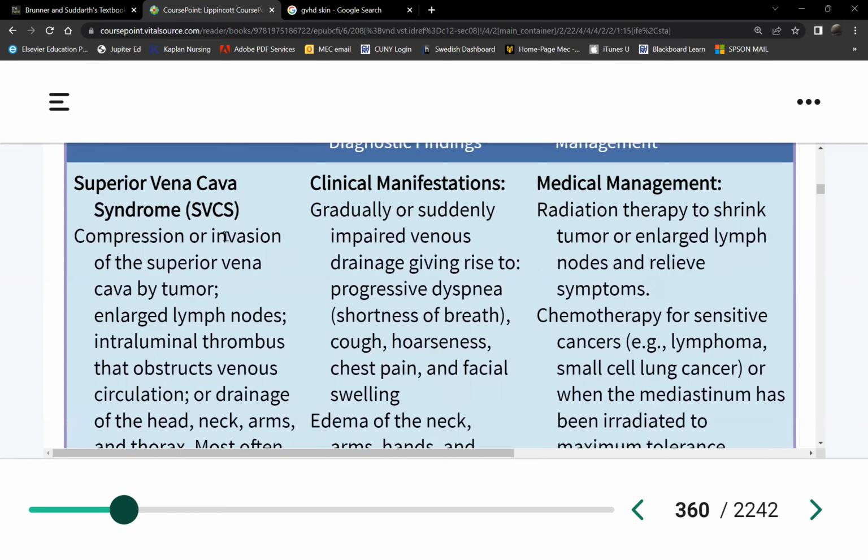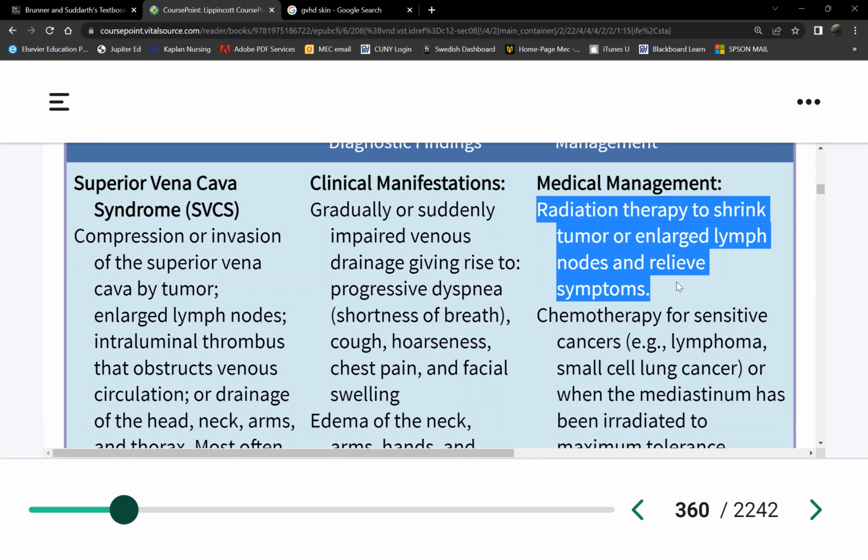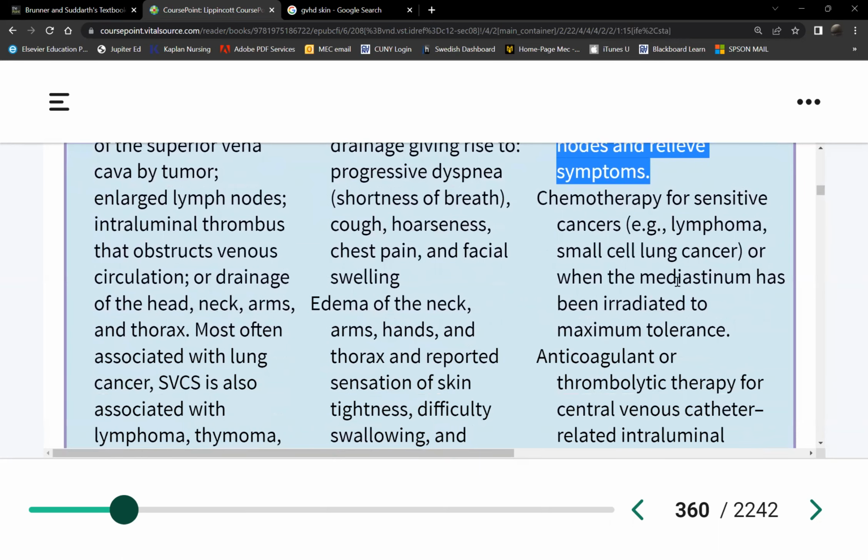In the case of SVC syndrome, the doctor will do most of the work. It's not easy to manage SVC syndrome. Therapy is radiation, so there's really no immediate intervention we can do here. Surgery is seldom done, no emergency surgery in SVC syndrome.